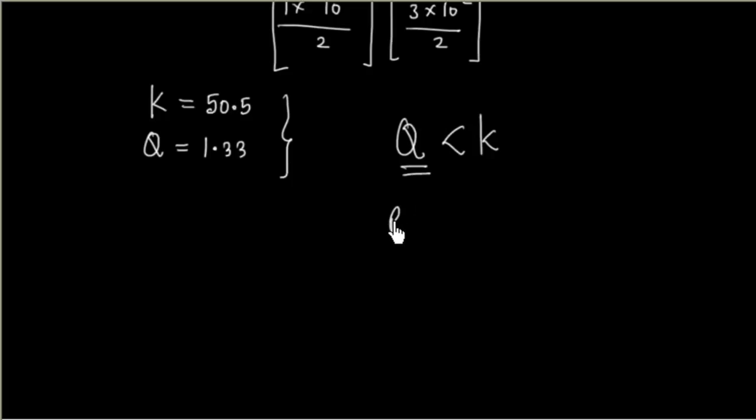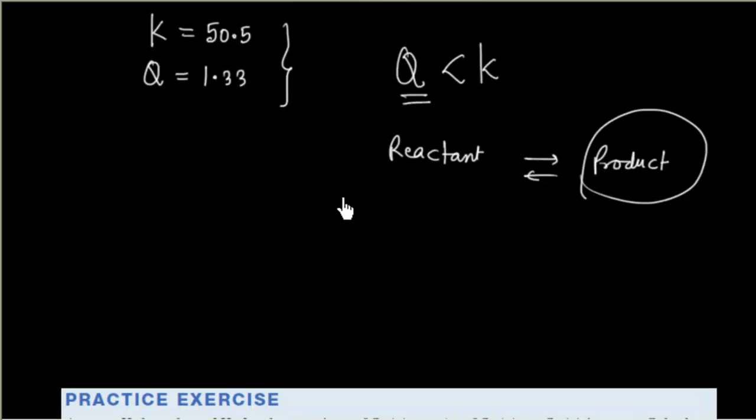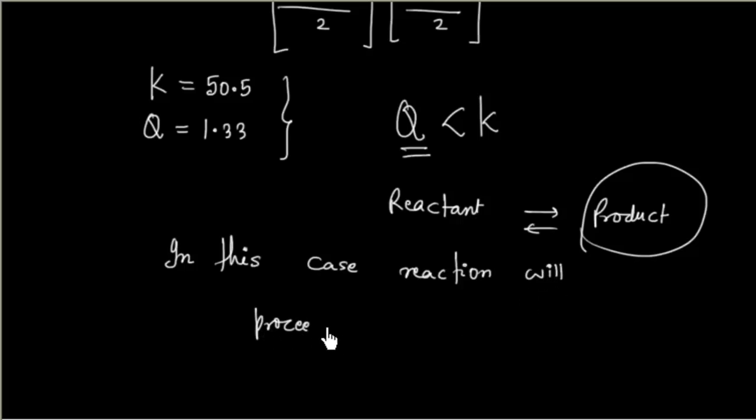If Q is smaller, I have to increase Q, and this is possible only if I increase the product, that is, the reaction will go in the forward direction. So in this case the reaction will proceed in the forward direction.